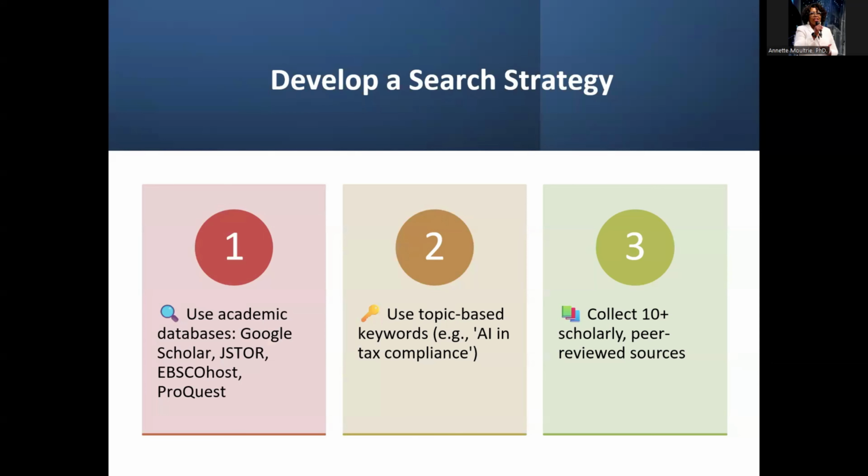Then you're going to use targeted keywords based on your topics, such as forensic accounting, AI in tax compliance, internal controls in nonprofits, or even financial statement fraud. So you want to use keywords from your topic to find articles.